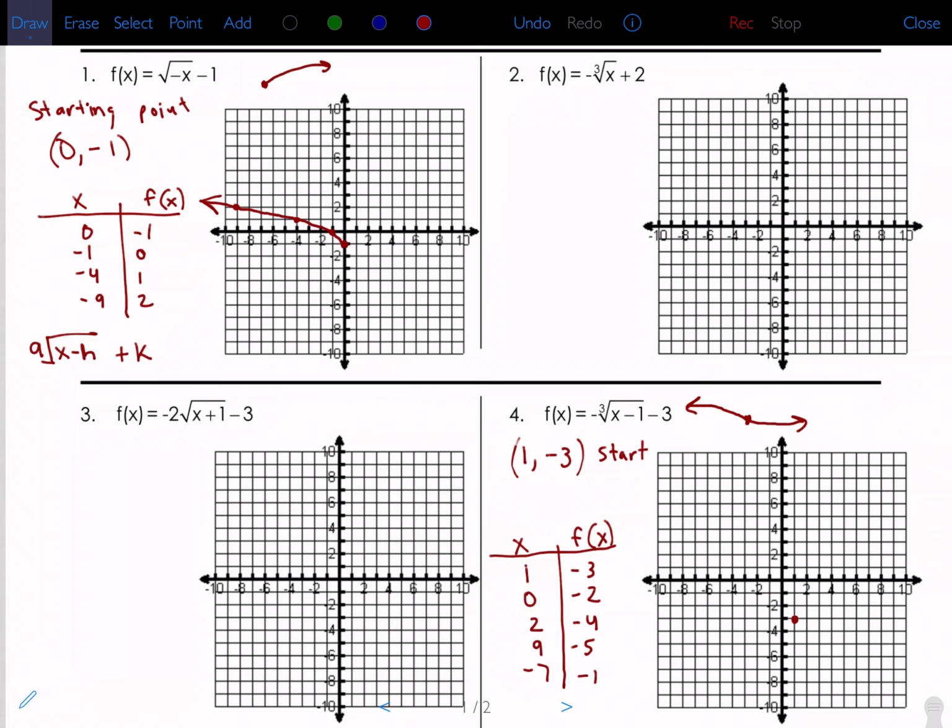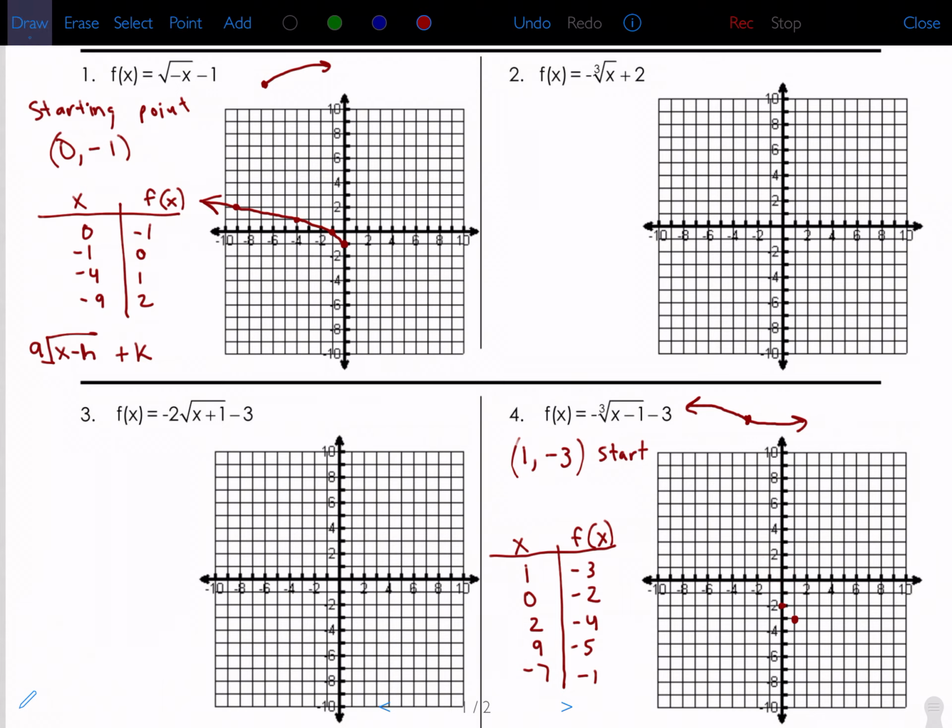So our starting point is 1, -3. Like so. We had it on the negative side. And I noticed the difference because I had points that looked like that. That didn't look right. So I caught that error. As you have more practice, you would be able to catch that as well.